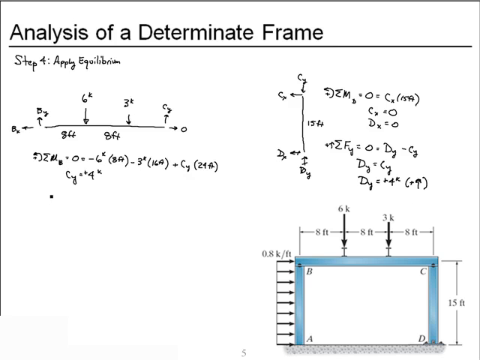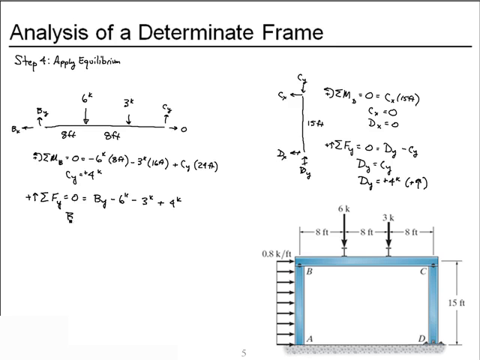Now let's come back and apply vertical equilibrium to member BC. We'll take up as positive. We have By minus the 6 kip applied load, minus the 3 kip applied load, plus the 4 kip Cy that we had calculated just a moment ago.